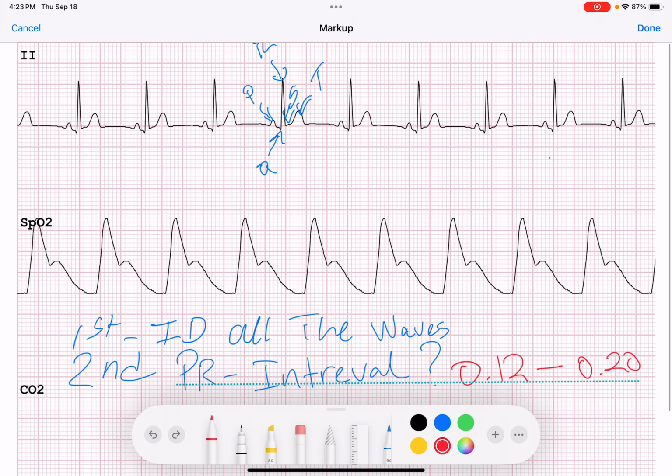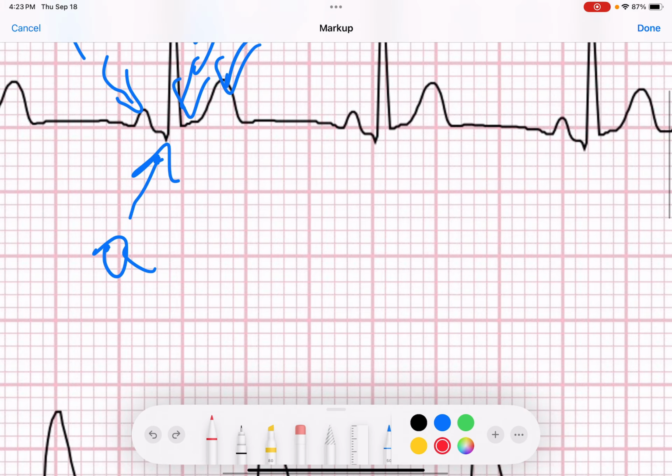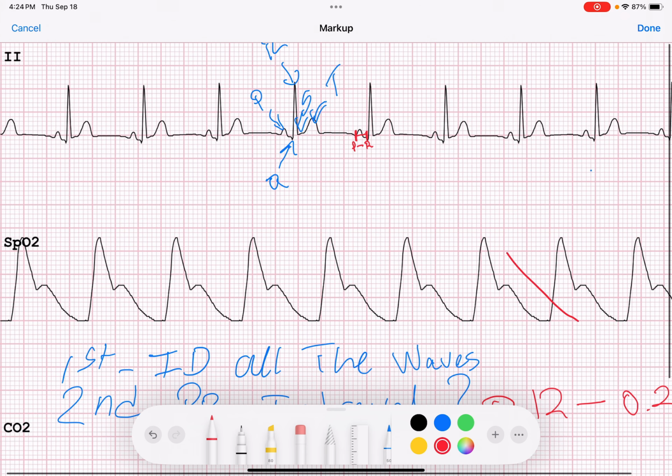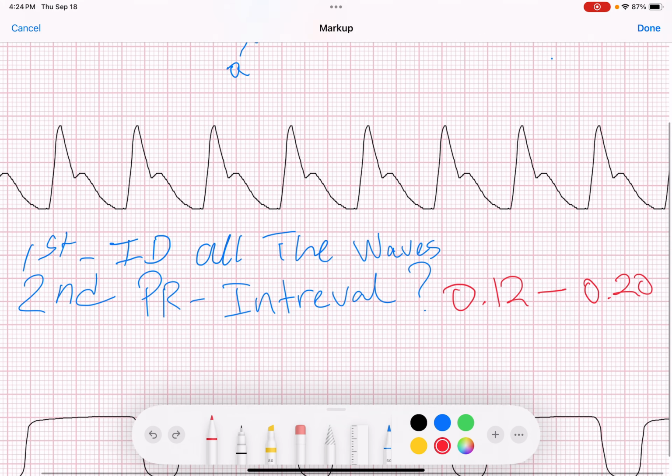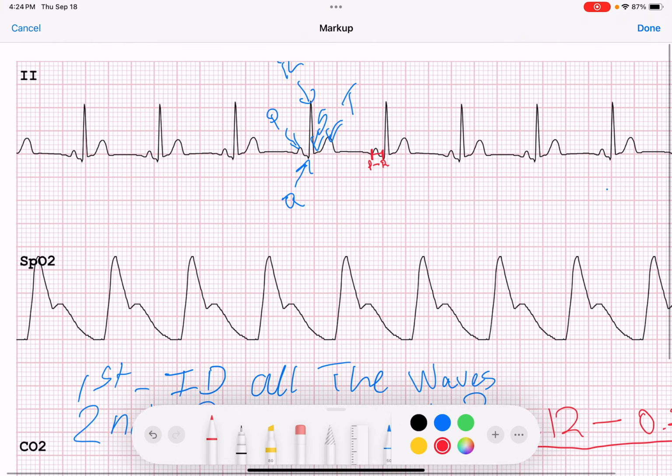Now, let me move on to this next one. A lot of people are still a little confused here on the PR interval. How do you measure your PR interval? Me personally, once it's going towards this upstroke, this is where you're gonna measure, all the way to where it ends, right here, where it goes up and ends before the R. Your P to R, PR interval. Like I've mentioned earlier, it needs to be between 0.12 and 0.20.